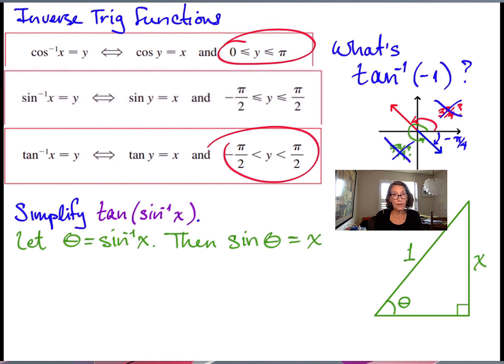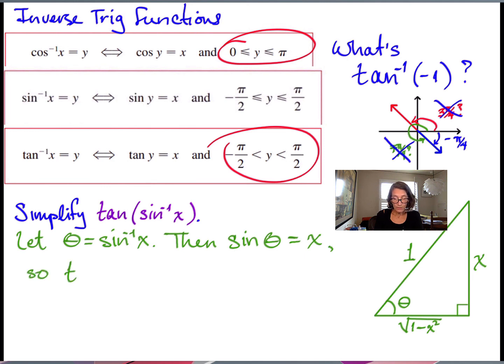And now I can use the Pythagorean theorem to label the third side of my triangle. So using the Pythagorean theorem, I get the square root of 1 minus x squared. Now, what we're looking for is the tangent of theta, because the tangent of arcsine of x is really just the tangent of theta.